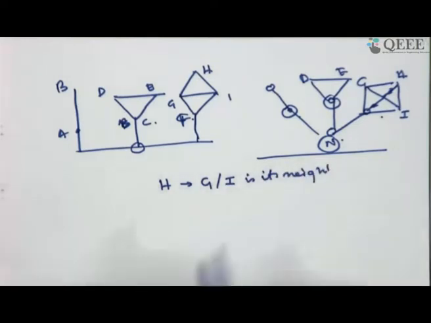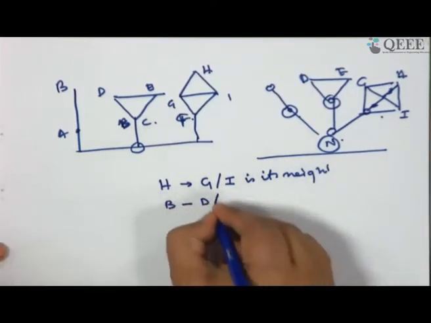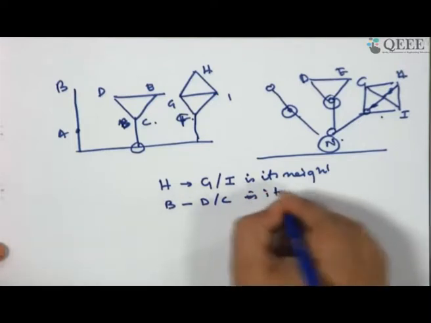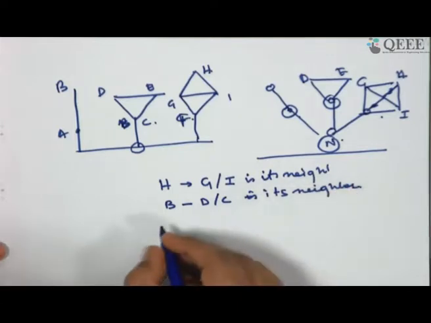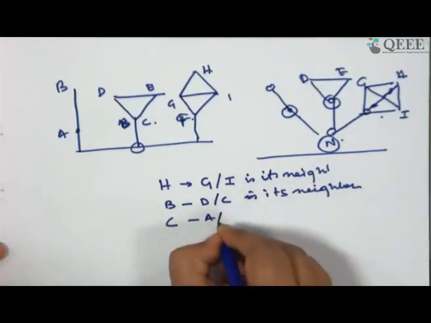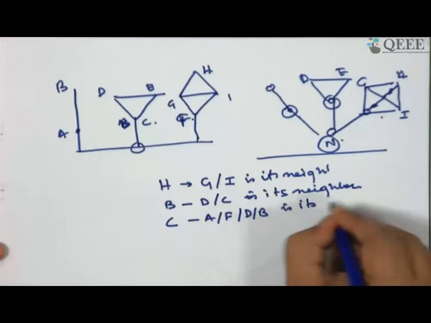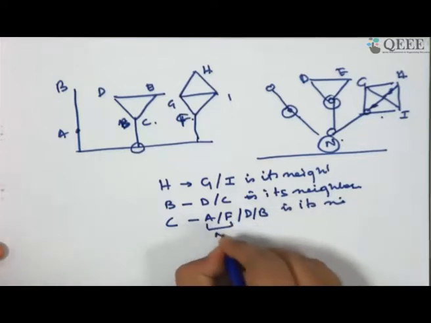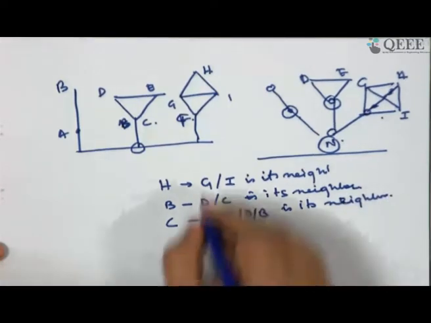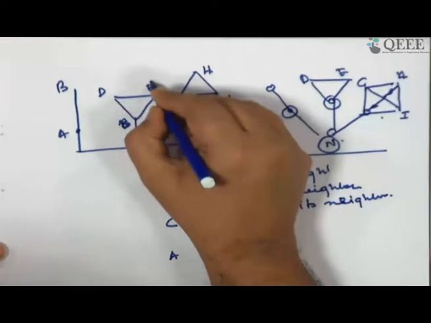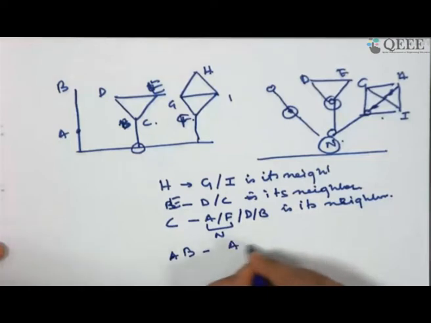So now everybody understands. C understands A and F and D and B are its neighbors. And I am sorry, this was not B, this is E. So B understands A is its neighbor.